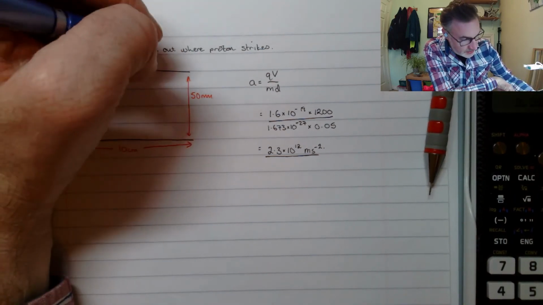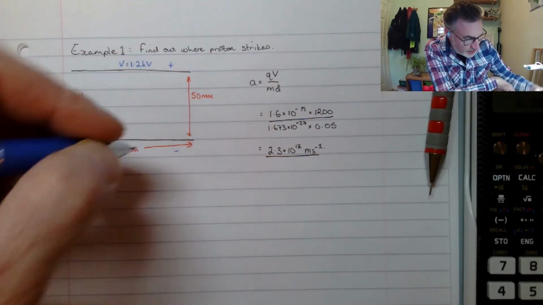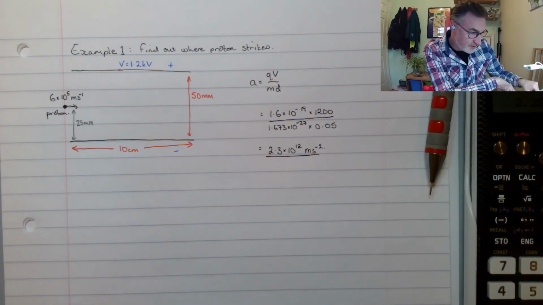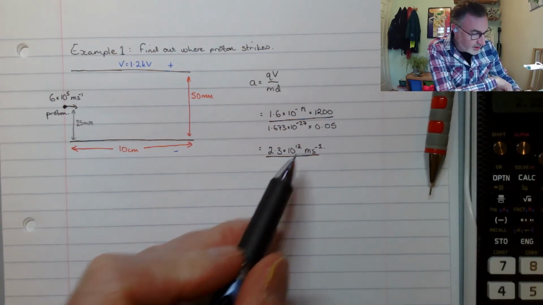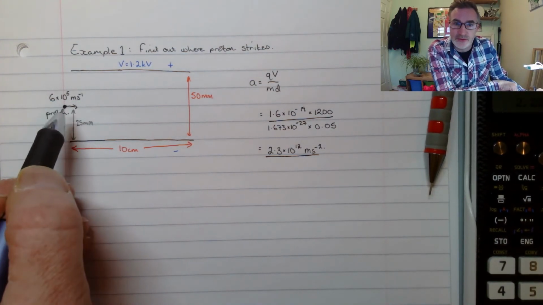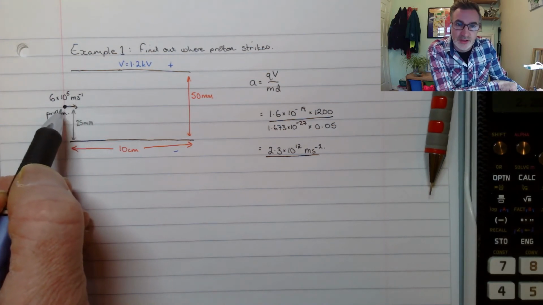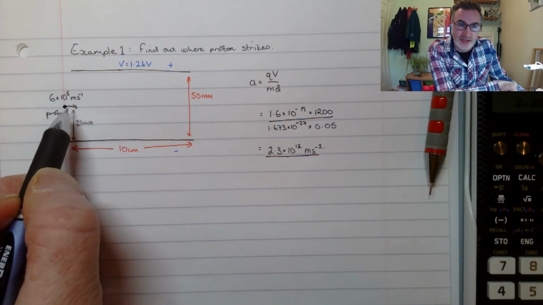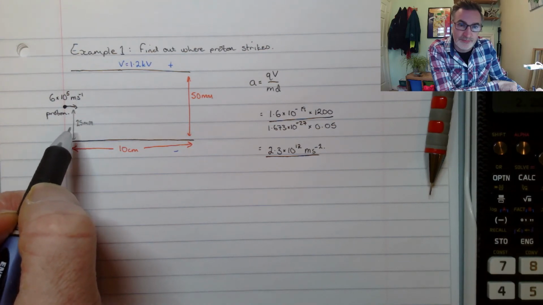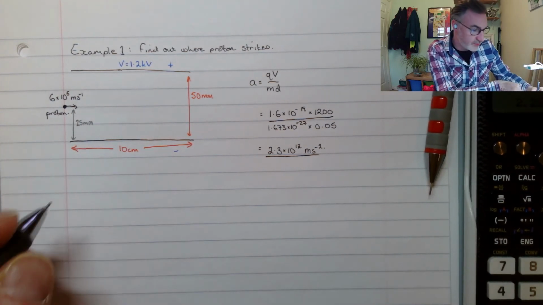Right, so it has 25 millimeters to travel. It's going to accelerate that. Now, as it enters, remember, its initial vertical velocity is going to be 0. It's all horizontal velocity here, but as it enters there, it's going to start increasing its velocity, but its initial velocity will be 0.